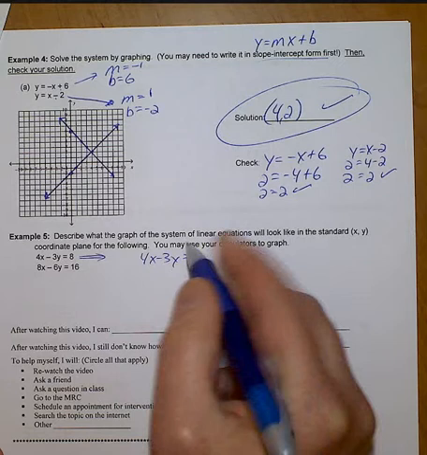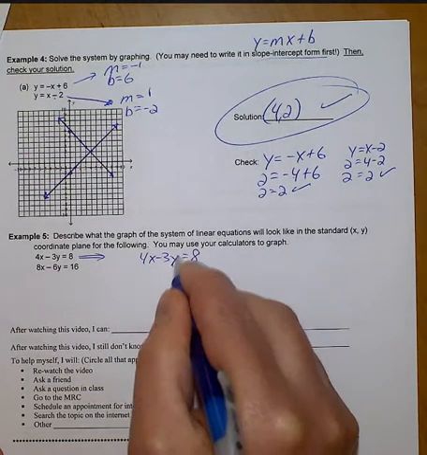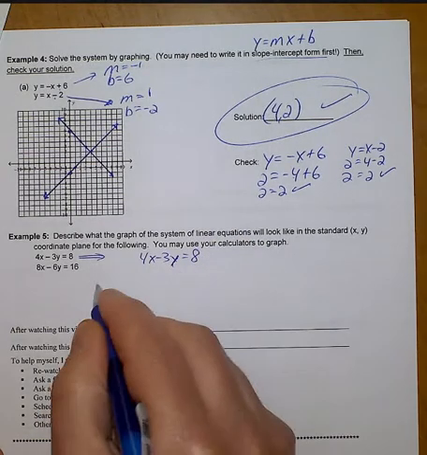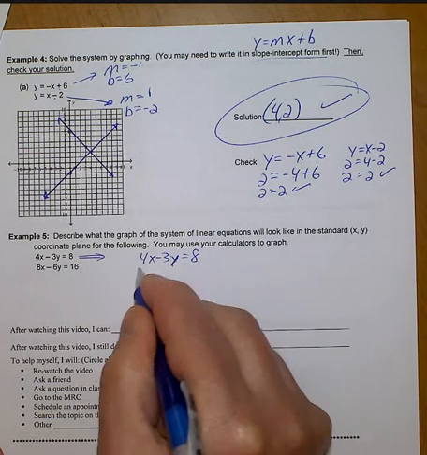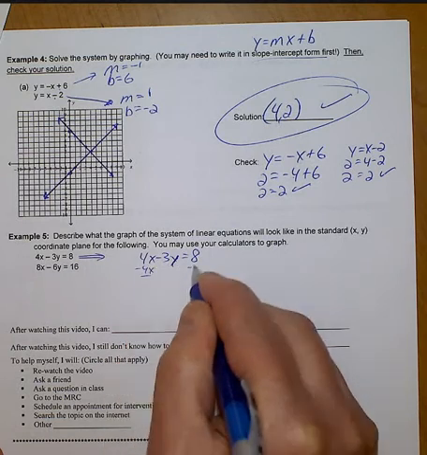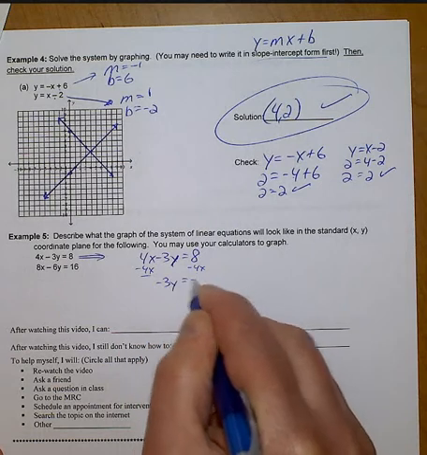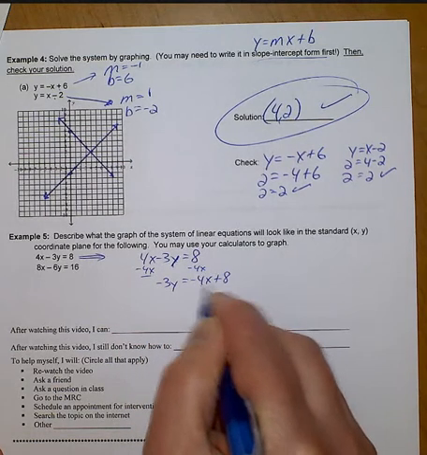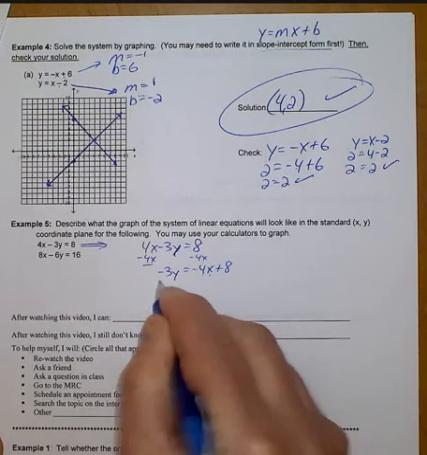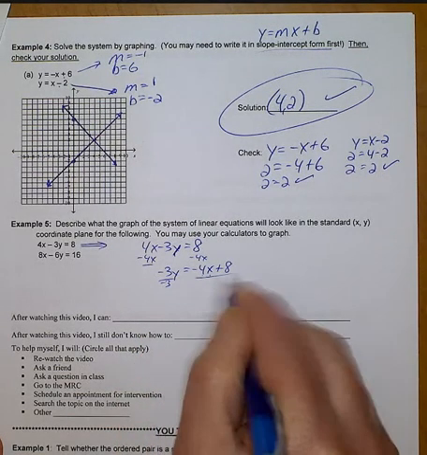And what do I need to do to solve for y? I'm going to subtract 4x from both sides. I get -3y equals -4x plus 8. We're going to keep the x in that spot. I'm going to divide by -3.